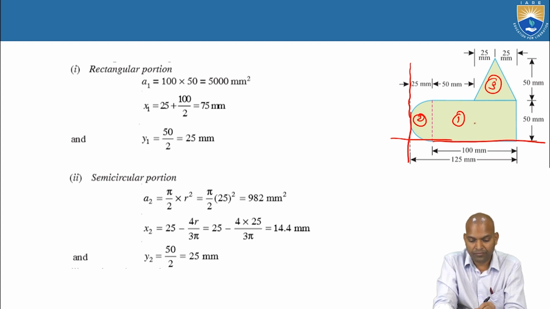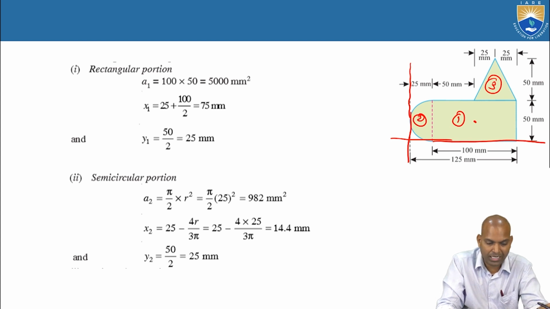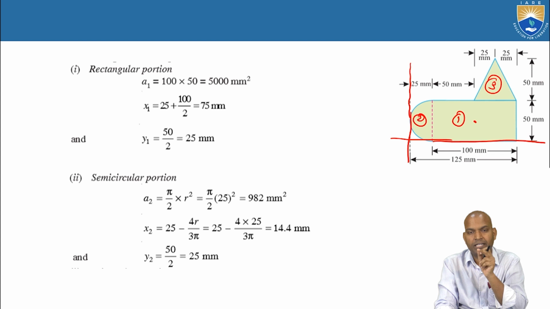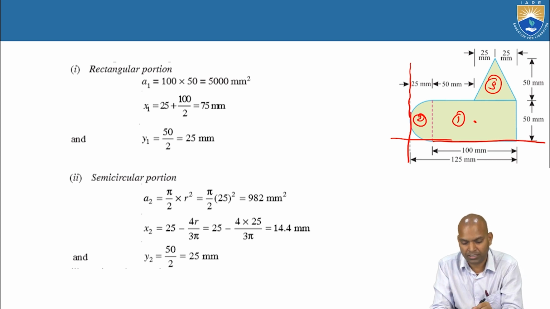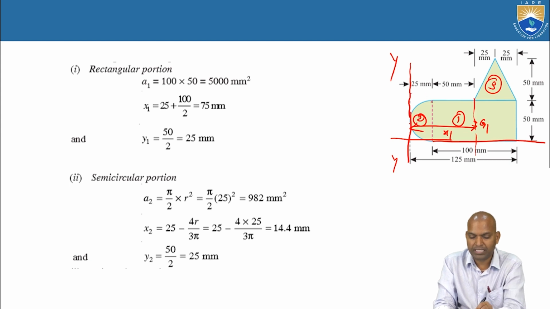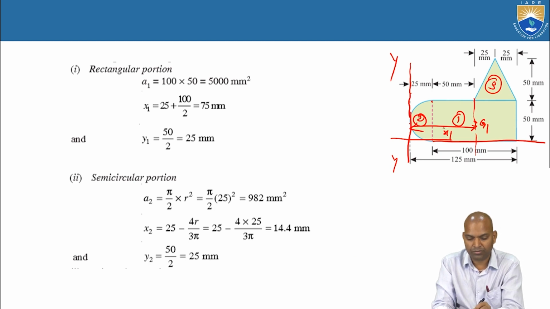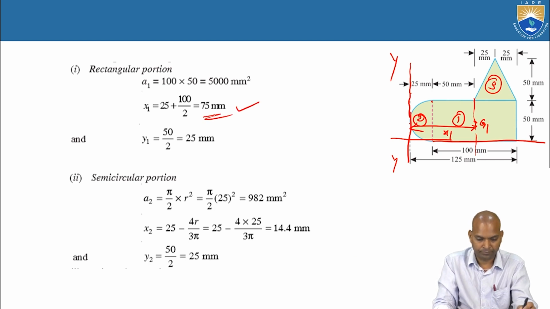What about here? Very important. Always remember the terms, fundamentals you should not forget. X1 means from the vertical reference axis to the centroid of section 1. That is X1 here, G1. From G1, the horizontal distance to the reference axis YY is X1. So what is X1 here? 25 plus 25 plus 50, the total distance is 100 by 2, that is 75.